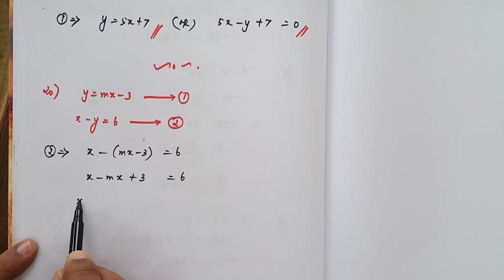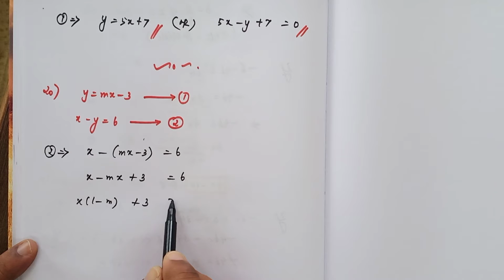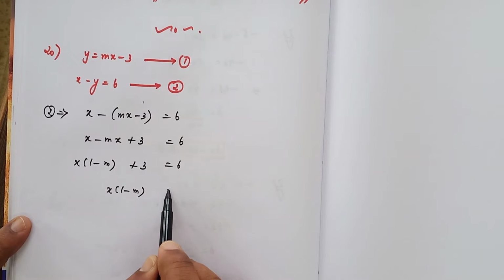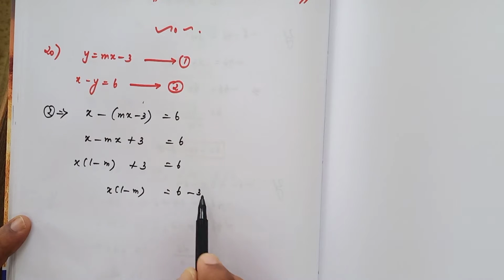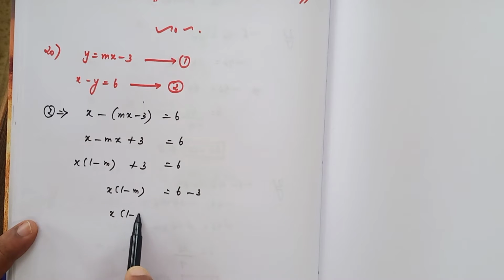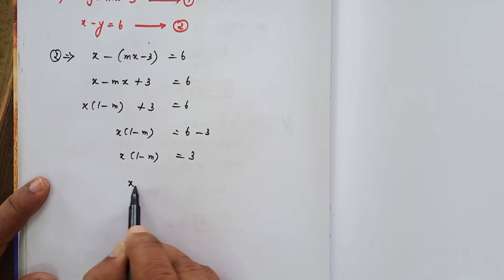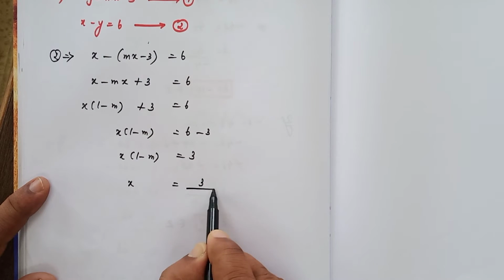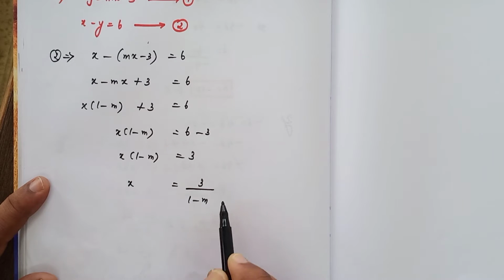Take x as common, you get x(1 - m) + 3 = 6. So x(1 - m) = 6 - 3, so x(1 - m) = 3. Therefore, x = 3 divided by (1 - m).